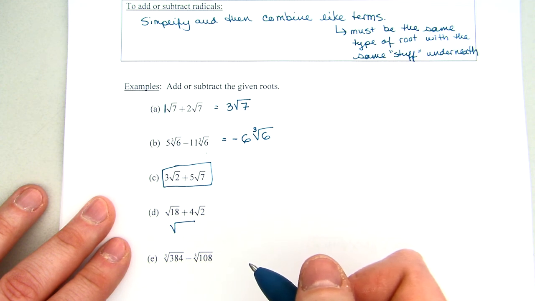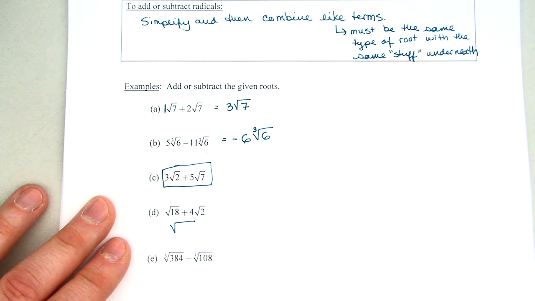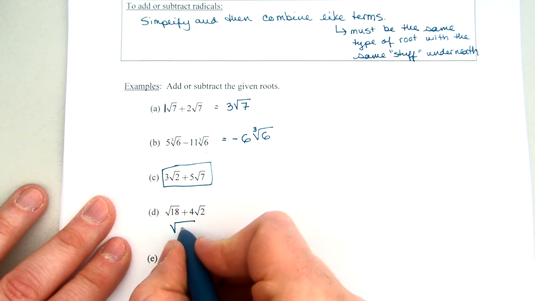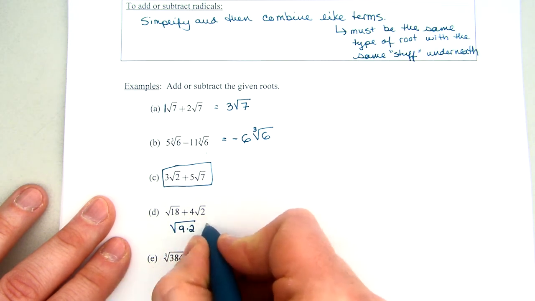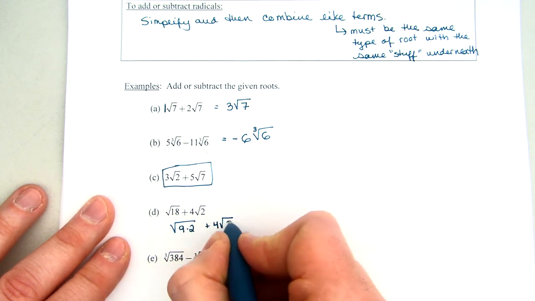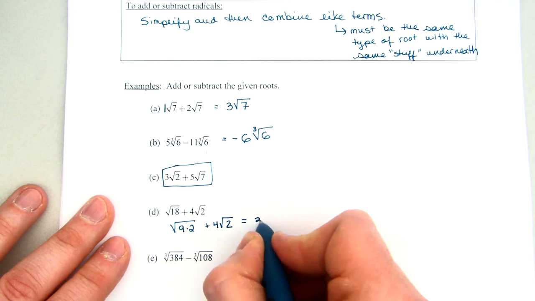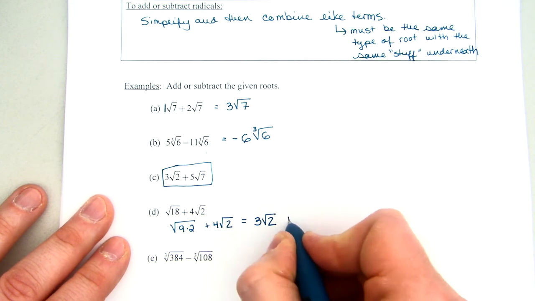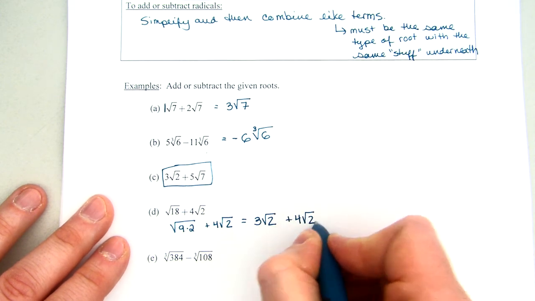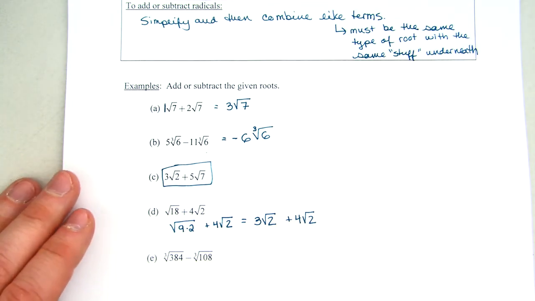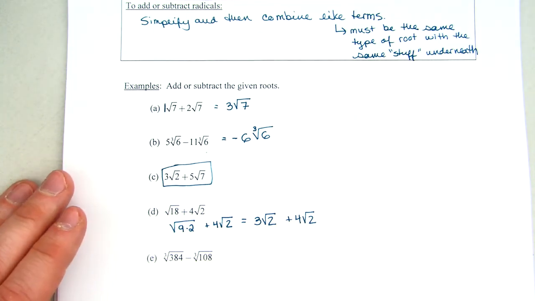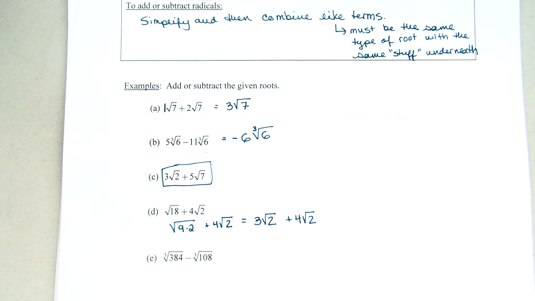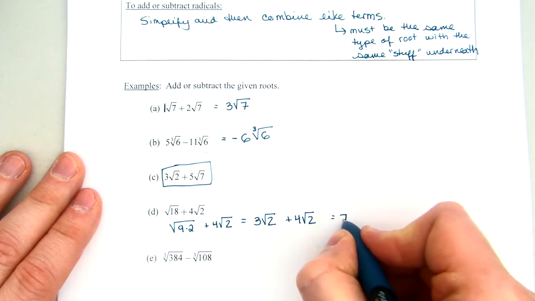And we're doing square roots here. Anyone? Maya? 9 and 2. Well, the point is that becomes 3 root 2 plus 4 root 2. And now, yeah, you can go further. So the answer is 7 root 2.